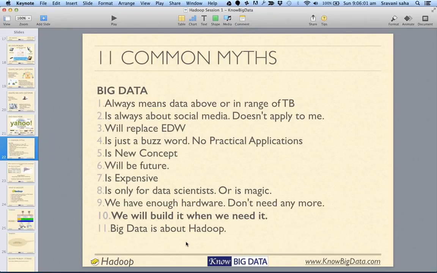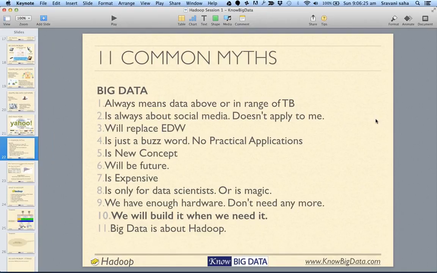Earlier, we used to keep dropping the data because we did not have space. Even if we did, the space was too costly. Therefore, the attitude that we will build it when we need it does not help you. It just puts you a few years behind the industry.